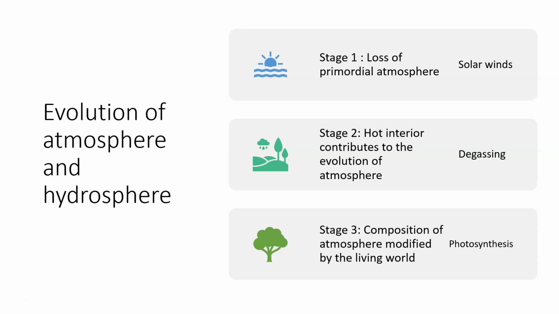Now, as the Earth cooled, the water vapor released started getting condensed, and the carbon dioxide in the atmosphere was dissolved in rainwater, and the temperature further decreased, causing more condensation and more rains. The rainwater falling onto the surface got collected in the depressions to give rise to the oceans. So the Earth's oceans were formed within 500 million years from the formation of the Earth. This tells us that the oceans are as old as 4,000 million years.